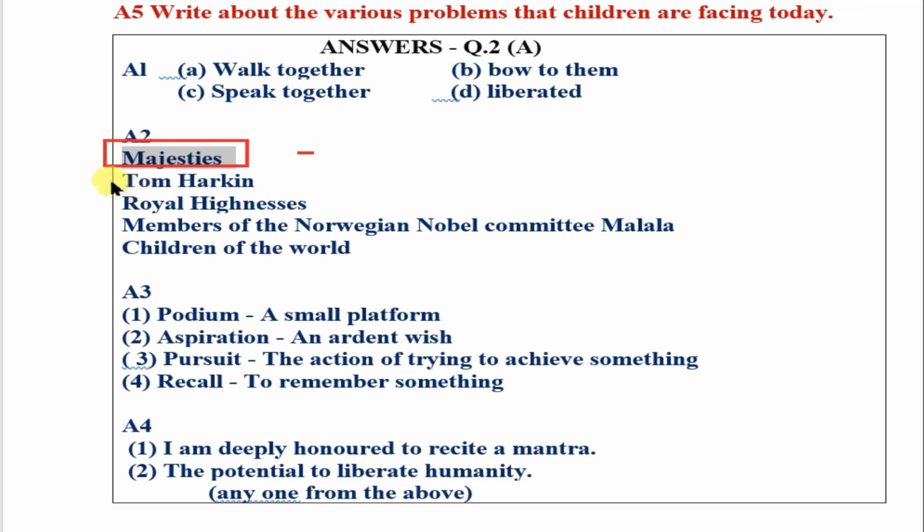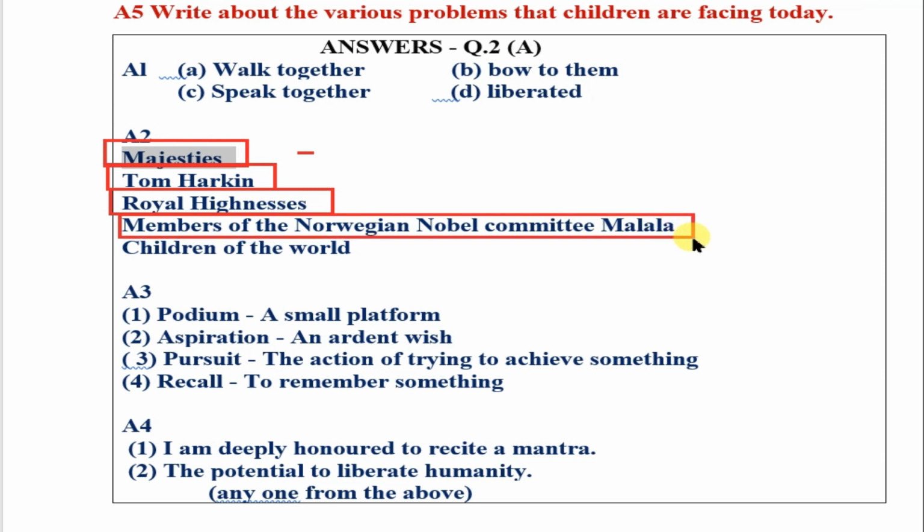Majesties, Tom Harkin, then Royal Highness, then members of the Norwegian Nobel Committee, Malala, and next one, children of the world. The speech is addressed to all these people.